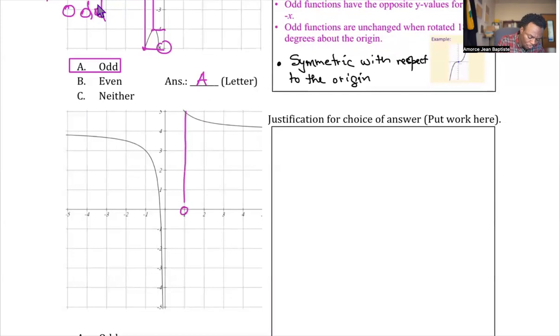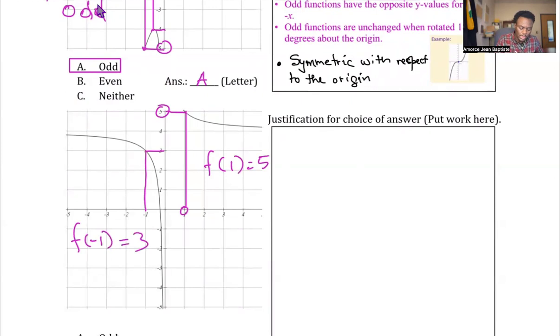So f of 1 equals 5. Let me find negative 1. Negative 1 is this, f of negative 1. F of negative 1 is 3.